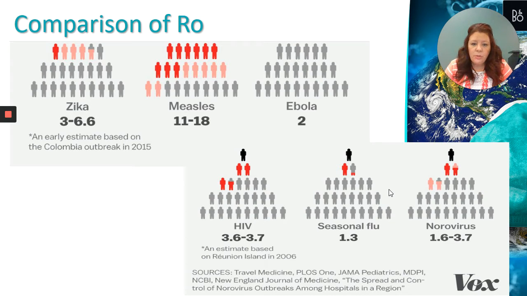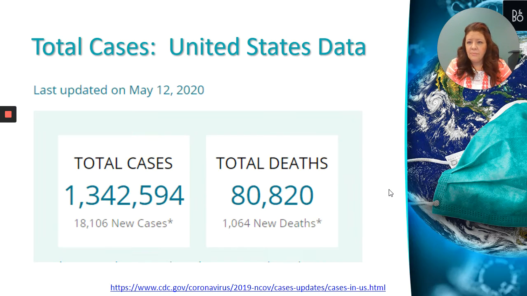Ebola is only 2. HIV is 3.6 to 3.7. The seasonal flu is 1.3. And then the norovirus: for every one person that gets it, they can infect up to 1.6 or up to 3.7 people. So there's just a little more information about examples for R naught.